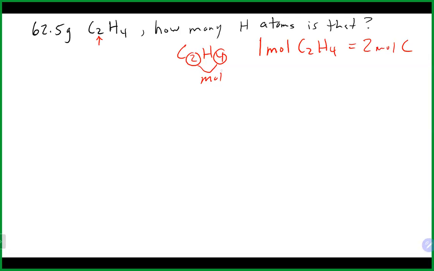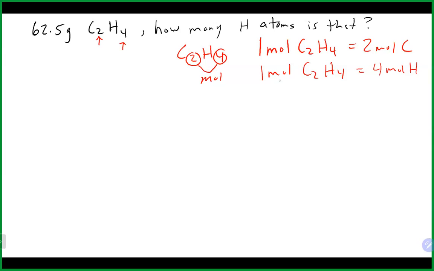We could also say in 1 mole of the entire thing, there would be how many moles of hydrogen in this case? There would be 4 moles of just hydrogen. And from each of these equalities, we could really write 2 conversion factors.